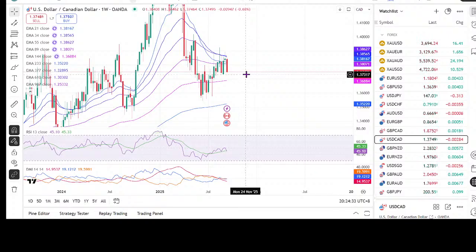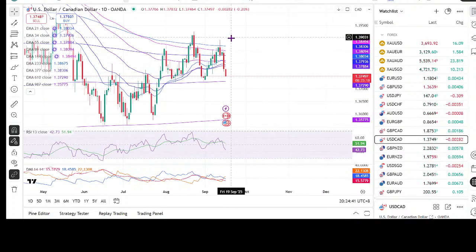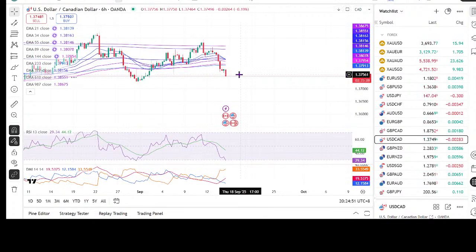Either we may see a bounce from here, or we may see the price breaking this low and going further down. As far as the daily is concerned, this is showing more weakness, so price is expected to test this, and if it breaks, then we can see the price heading south.